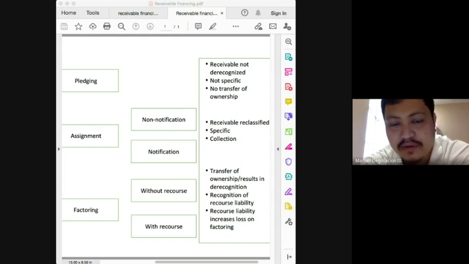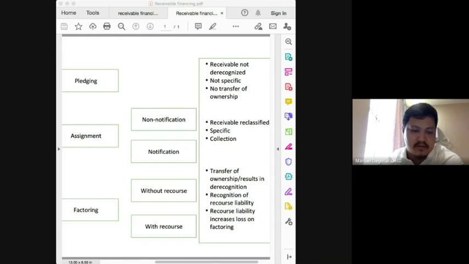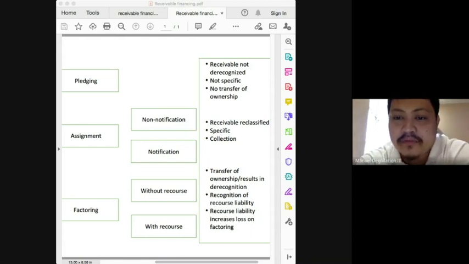Okay, the higher the risk, the higher the reward. If the factor will shoulder most of the risk, then they can demand to pay for a lower price. So it's a matter of pricing.